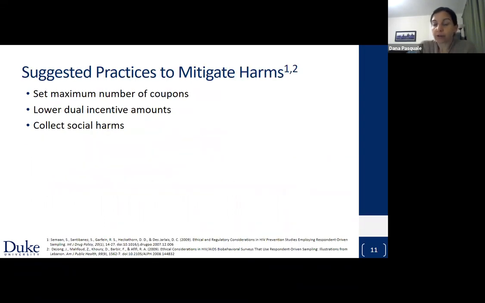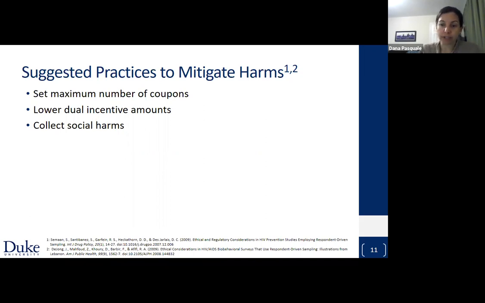So there are also several suggestions to mitigate harms, which should also be part of study design. First, setting a maximum number of coupons provided to any participant limits the potential compensation for participating in recruitment and is thought to stop participants from potentially coercing their contacts to enroll.